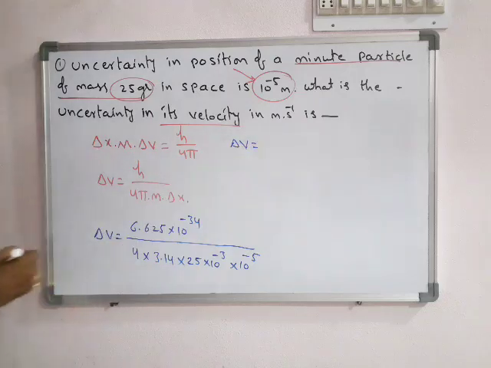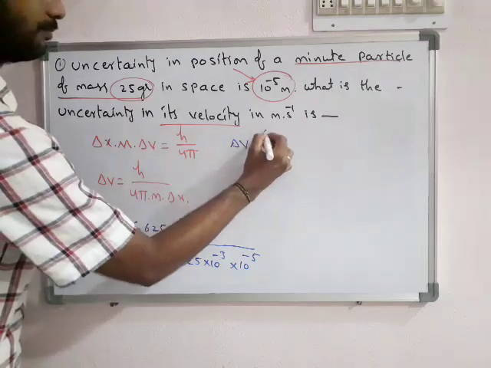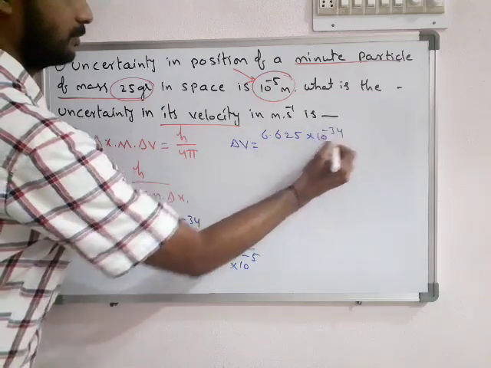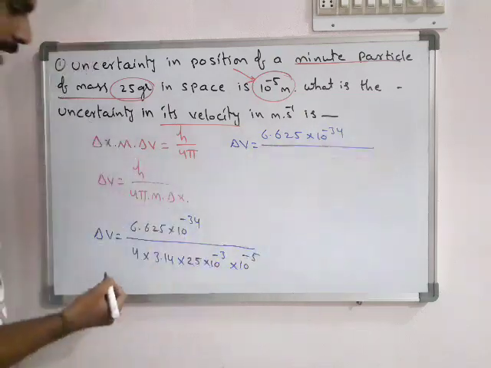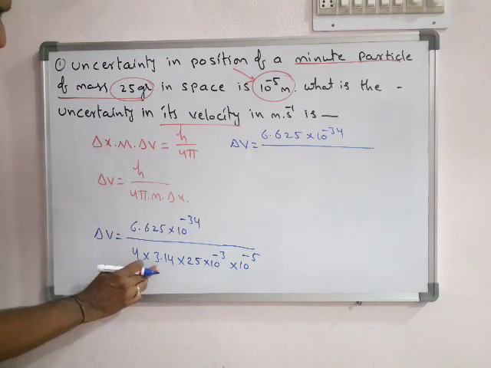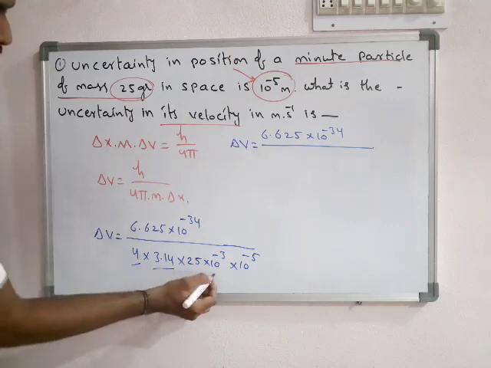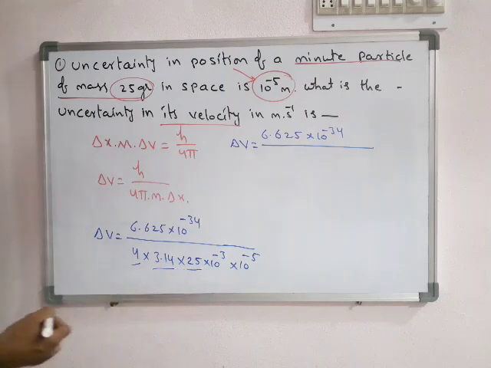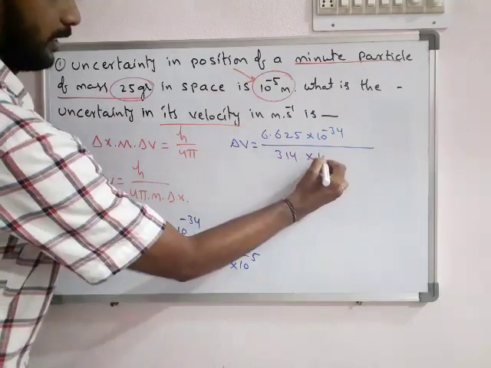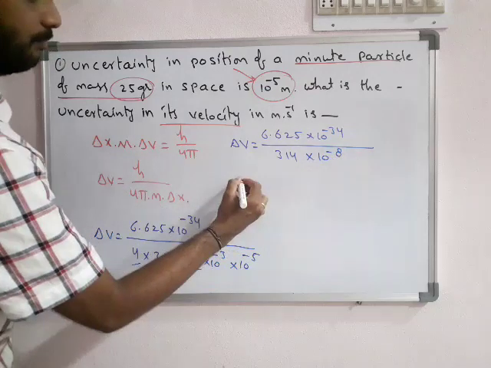So now the delta v is equal to 6.625 into 10 power minus 34 by multiplying 4 into 3.14 into 25 into 10 power minus 3 into 10 power minus 5. So here approximately we will get 314 into 10 power minus 8.